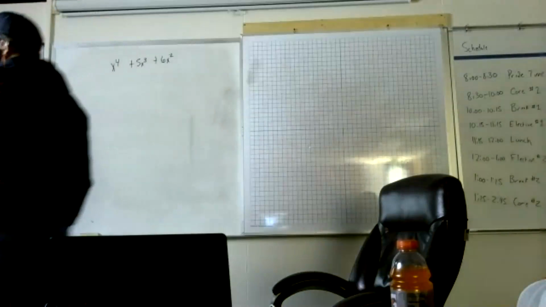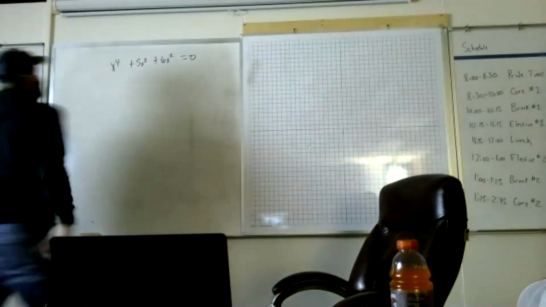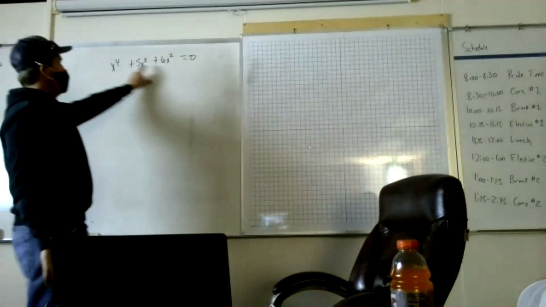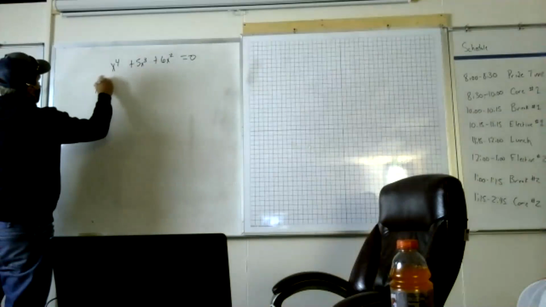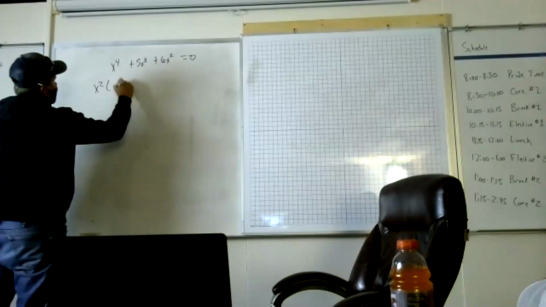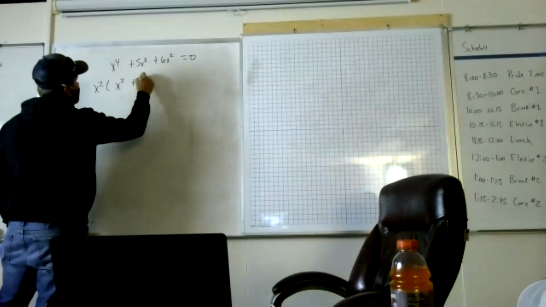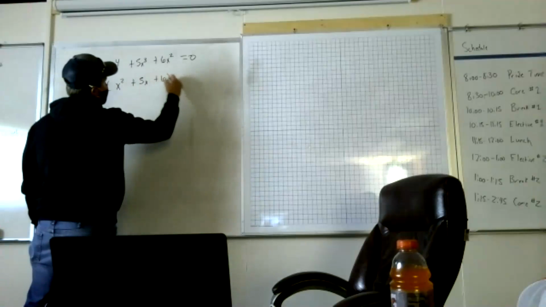Okay, the same thing that we did earlier, we're going to factor to solve and find our zeros. So all of this is set equal to 0. First thing we're going to do is factor out the greatest common factor, which in this case is x squared, because it is present in each one of our terms. So we have x squared times x squared plus 5x plus 6.